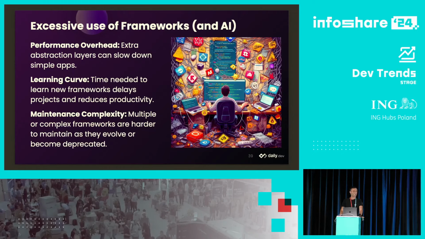We didn't mention AI so far because I'm sure that you will have all the talks about AI. So I intentionally didn't talk about AI for the whole talk, but I want to talk about maybe the bad side of it. Also, an excessive use of frameworks can overcomplicate the whole development and also the learning curve.